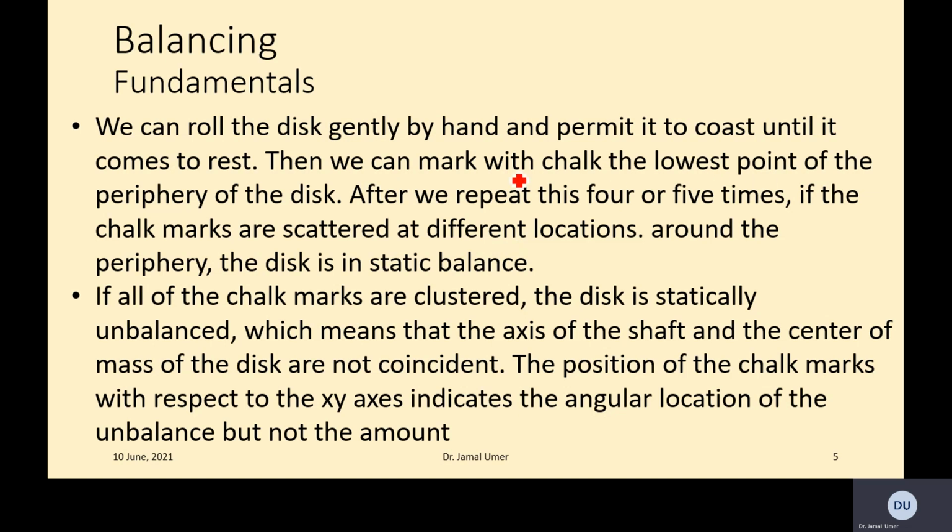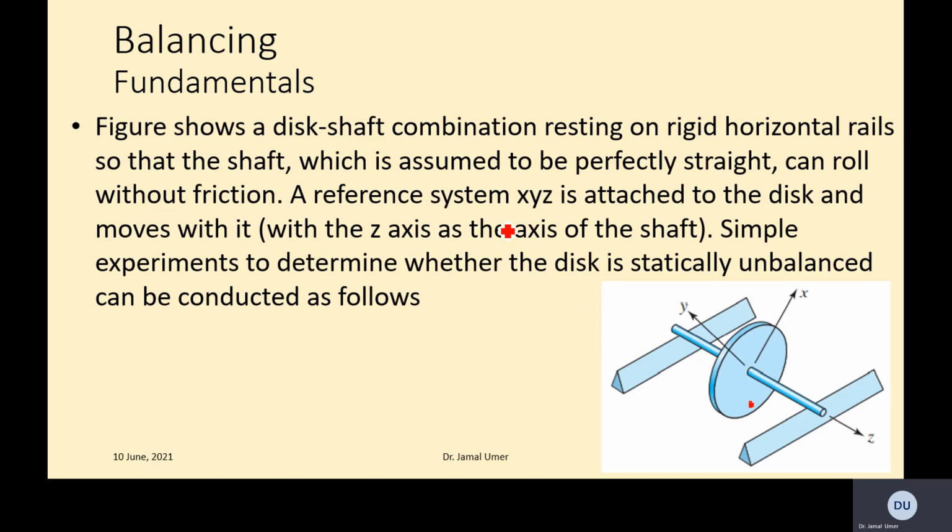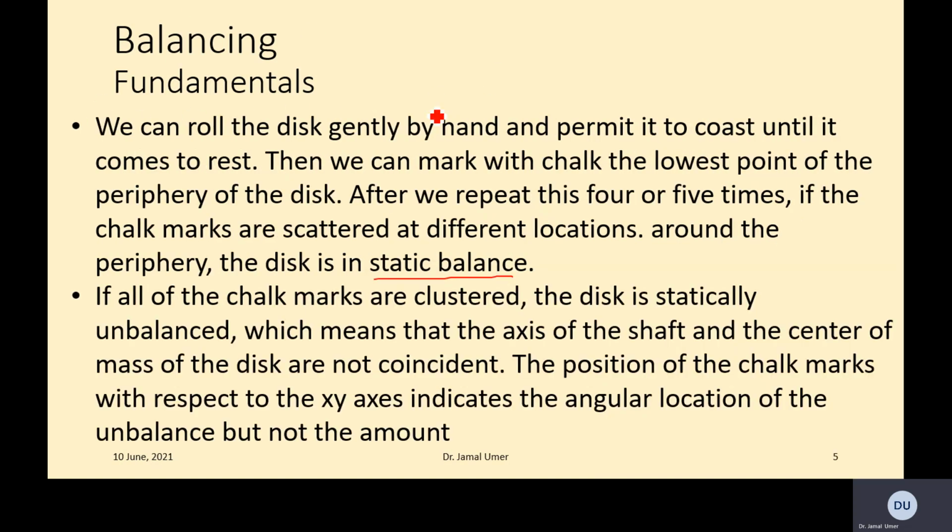Then we repeat this 4 or 5 times. If the chalk marks are scattered at different locations around the periphery, the disk is in static balance. So we mark this point, do another turn, and you do this experiment 4 or 5 times.